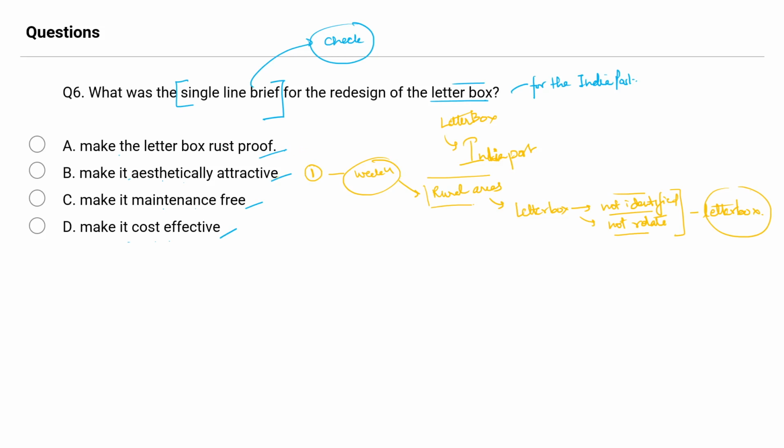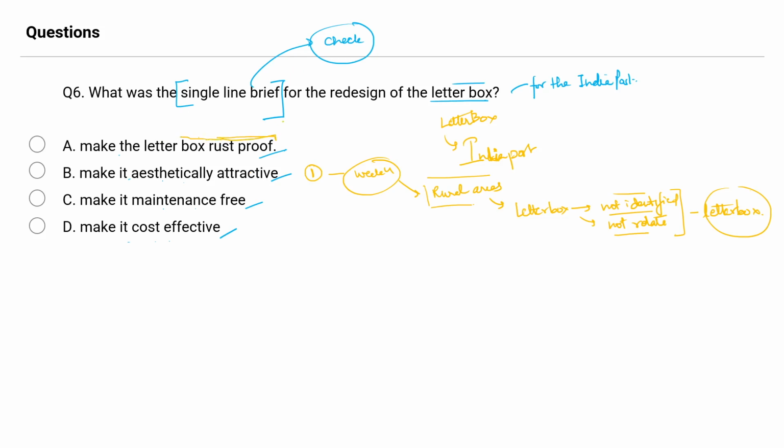Rust proof, aesthetically attractive, making it maintenance free, making it cost effective. Okay, so let's see the options and let's try to infer what could be the right answer. Let's make the letterbox rust proof.